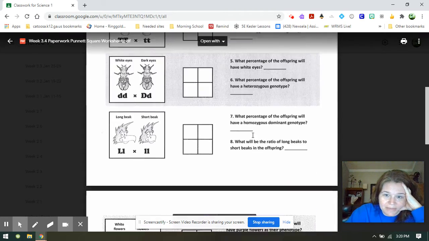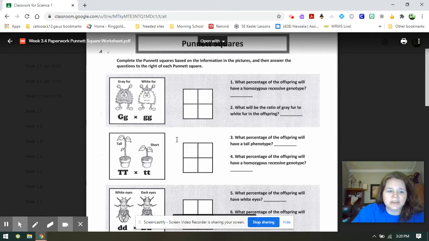I just want you guys to pay attention to the vocabulary words. The vocabulary words that you're paying attention to are homozygous, which means the same alleles. Phenotype means what is actually shown. So that is tall and short.